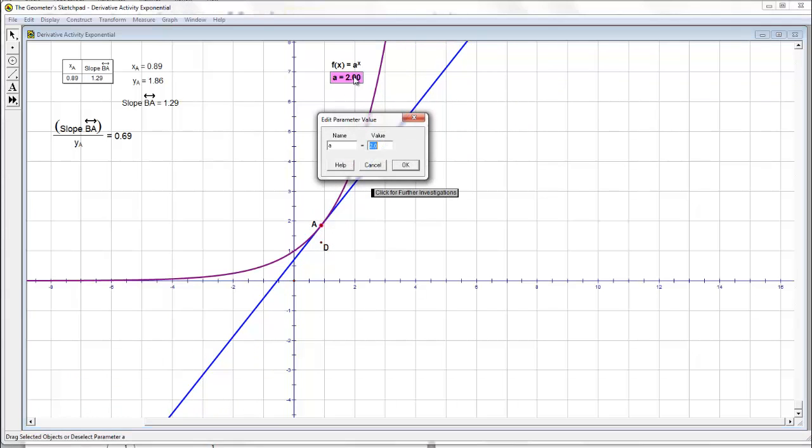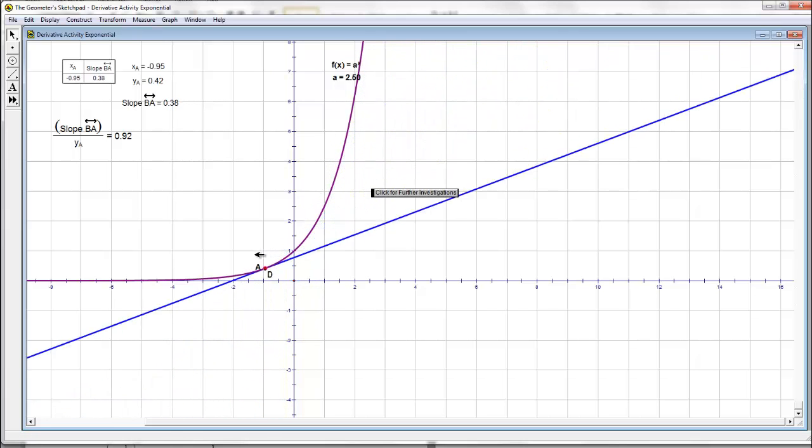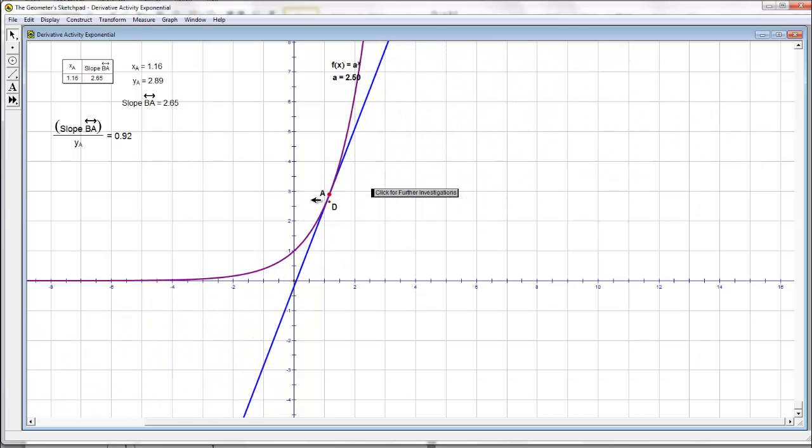I'm going to go in here and change this again. I'll change it to a larger number just for brevity's sake. And notice that the ratio is now 0.92. And notice that the derivative function is getting very, very close to being directly on the actual function itself.